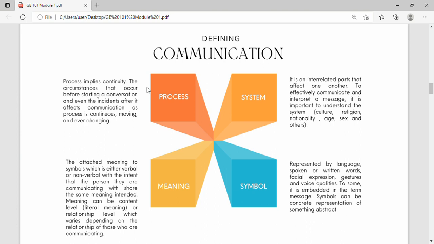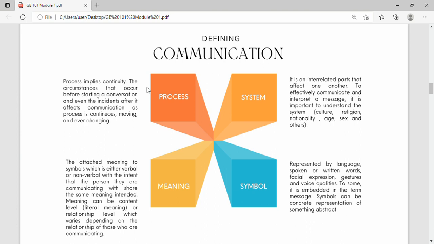Also, the modes, nagbabago siya over time. For example, before, usually through letter. Pero ngayon, we have email, we have Facebook Messenger, and mas mabilis na yung pag-communicate sa panahon ngayon. So that's the process.